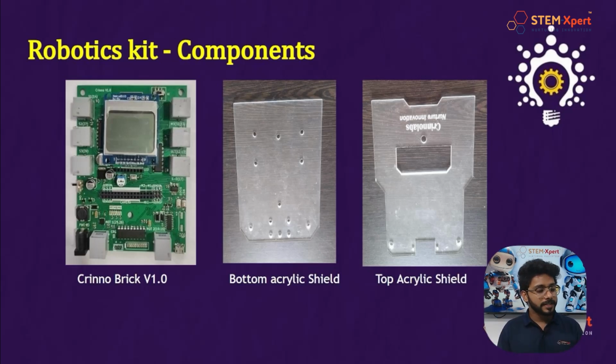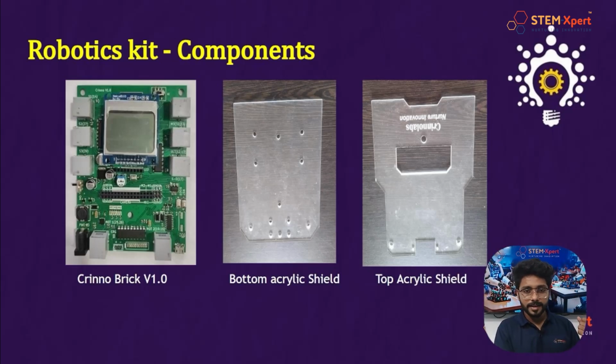Okay. So at first here you can see the Kreno brick, which is the main part of the system. It will be acting as the brain of the unit. And there you can find the bottom acrylic shield and the top acrylic shield, which are used for connecting the Kreno brick. Understand? Fine.